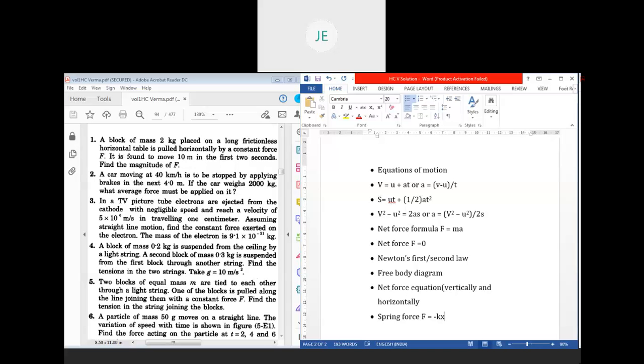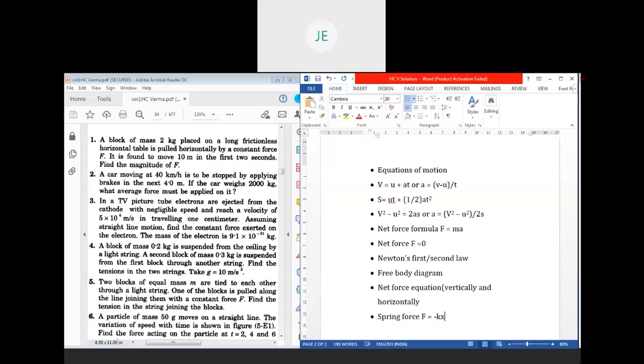When you try to extend or compress a spring, the restoring force will act opposite to the applied force. If you extend it, the spring tries to compress due to the restoring force, and if you compress it, the spring tries to come to its normal position after the force is released.